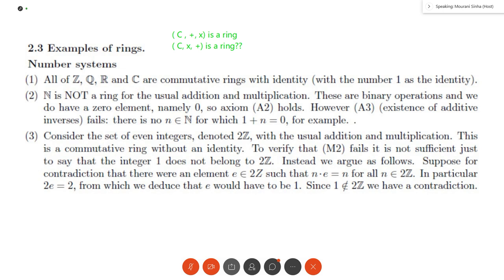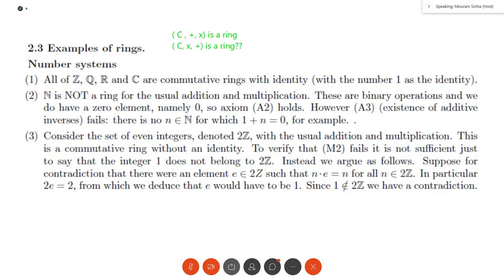Yes, whoever was speaking, Paul. I think the distributive law will not be satisfied. Okay. What about C and multiplication? Complex numbers and multiplication. Closure property is holding, because if I multiply two numbers, I will get another number which is a complex number.